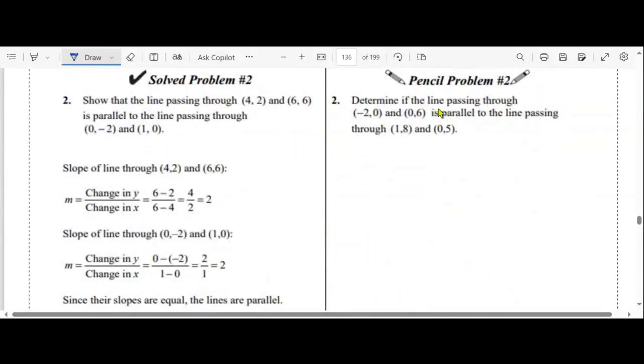Determine if the line passing through these points is parallel to the line passing through these points. Okay, now here is a rule. The rule says if M1 equals M2, then in this case, the two lines are parallel. What does parallel mean?